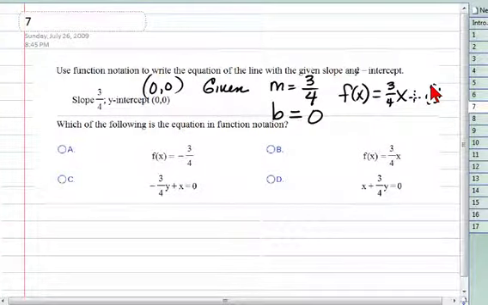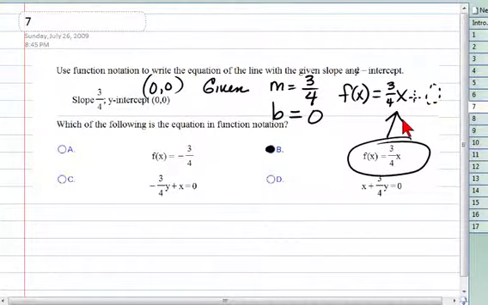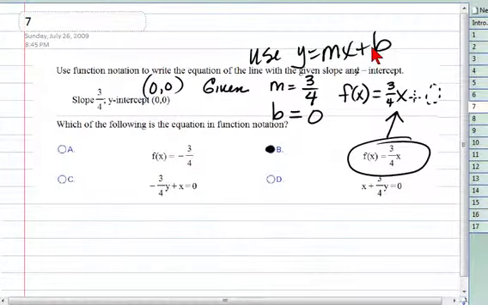No. Of the choices, the only one that's correct is choice B. It is the same thing. Slope and intercept makes it easy. You're going to use y equals mx plus b.